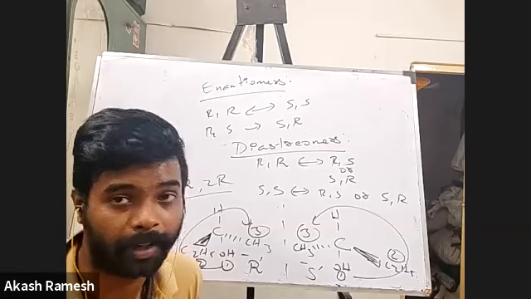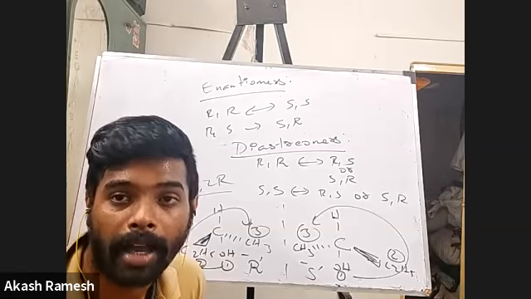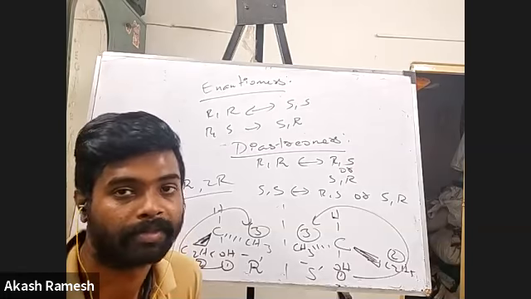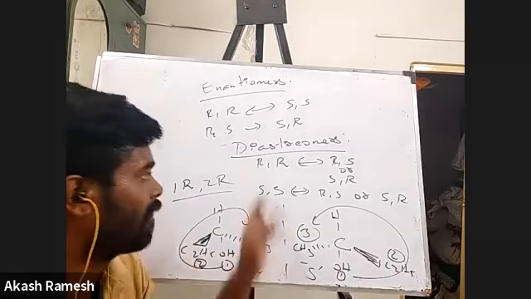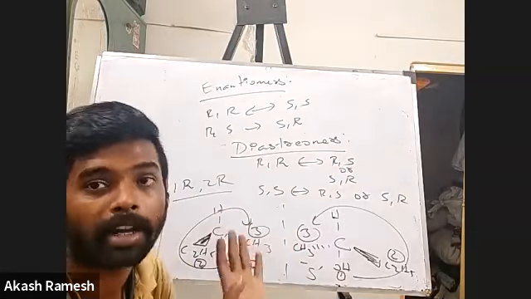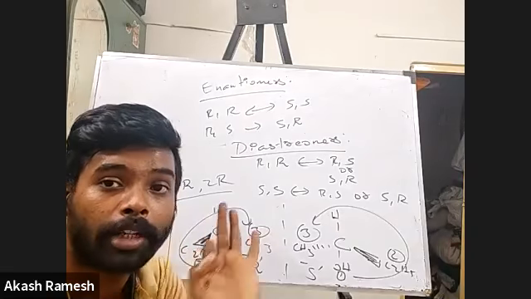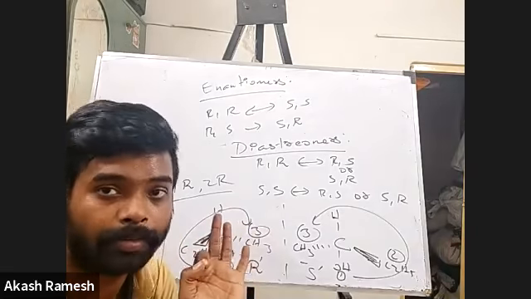And lastly, when I go for mesomers, everything should be exactly same. If I have R comma R, I should get R comma R. If I get R comma S, I should get R comma S. Again, for this you have to be very, very careful. You have to make sure that you number the chiral centers.